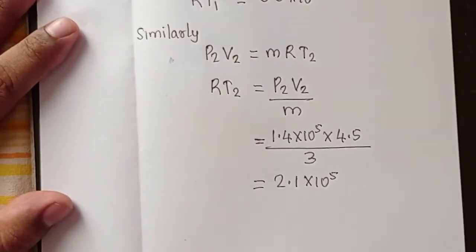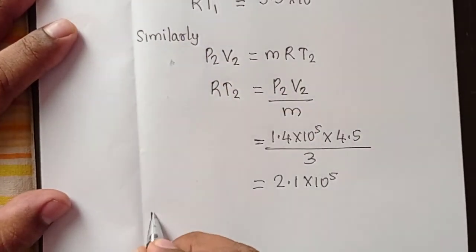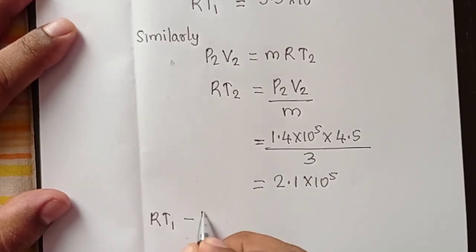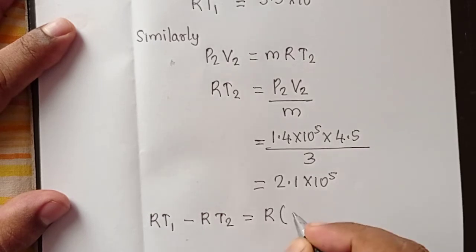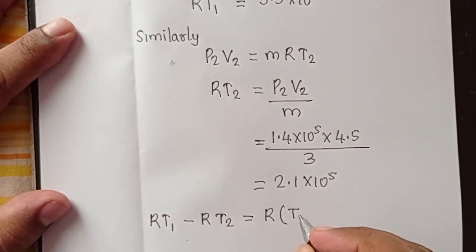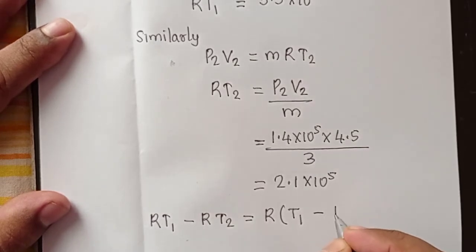Then I can find the relation: R T1 minus R T2 will be equal to R into (T1 minus T2).